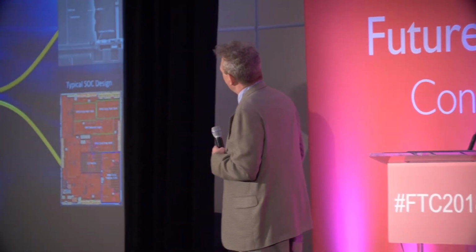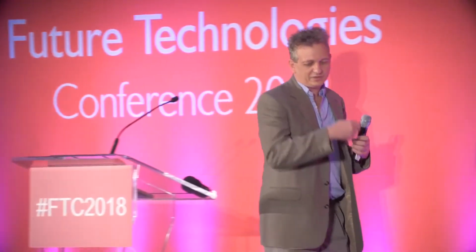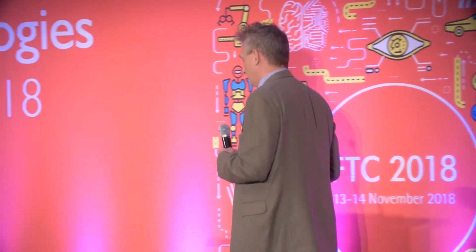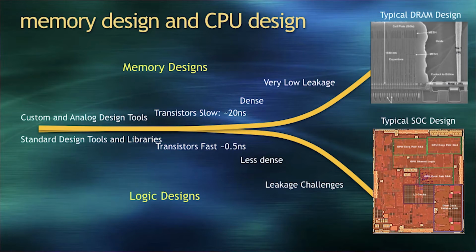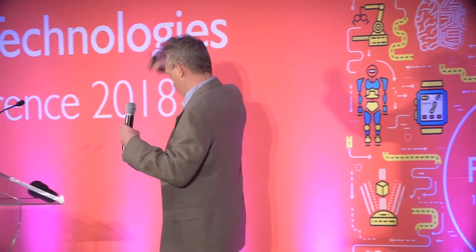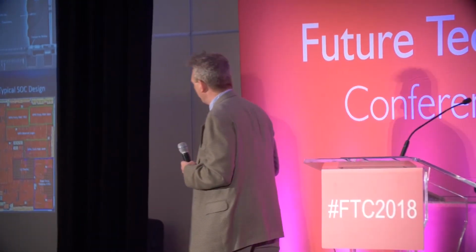So if you're designing a CPU, you basically have a set of tools and a set of problems and a set of challenges that you go down, and you can produce silicon. If you're designing memory, it's a whole different domain of science. And I worked in both areas. I worked in companies producing silicon and companies producing memory designs. And the von Neumann architecture has drifted these two domains of technology apart.